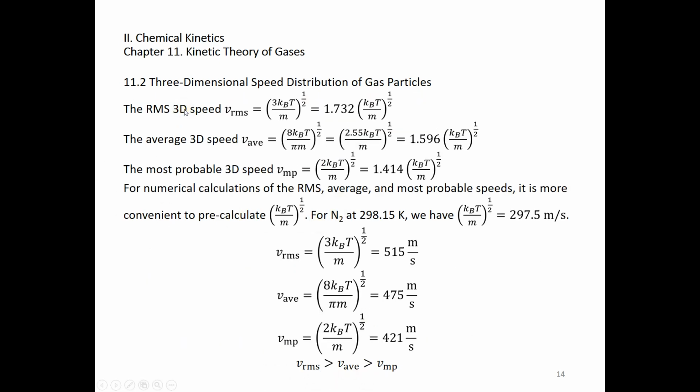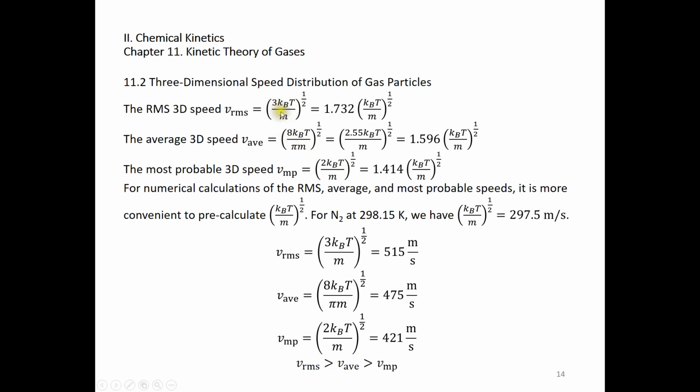This is to summarize the 3 different quantities. We have the root mean squared three-dimensional speed, the average three-dimensional speed, and the most probable three-dimensional speed. They share something common: they all have the square root of kBT over m. They do differ by the number in the front.